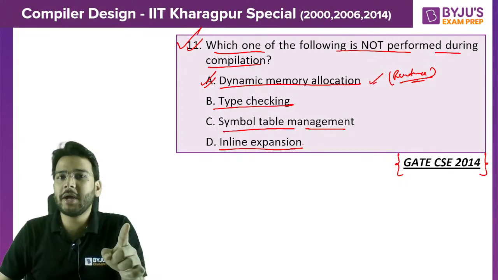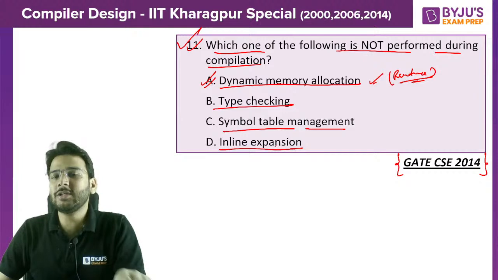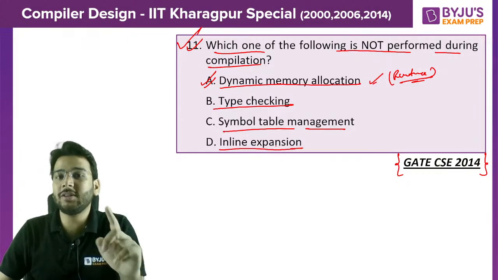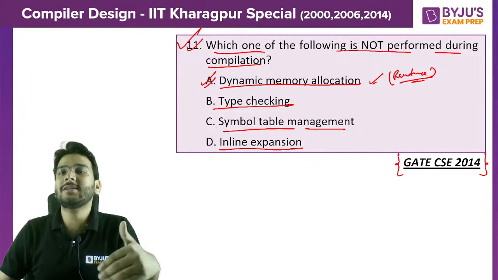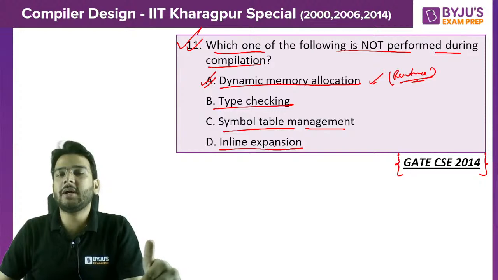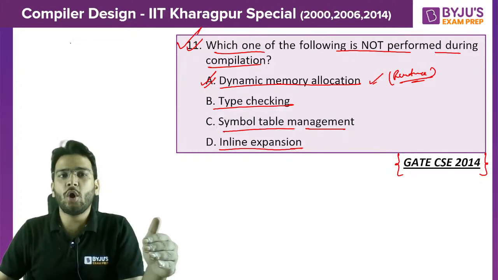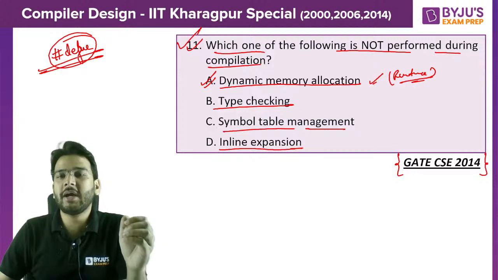What is macro expansion? If they ask you here macro expansion in place of inline expansion, then that is also going to be correct. Why is it so? Because that is outside the compilation process. Macro expansion will be done by your preprocessor. All hash defined statements are going to be replaced by the preprocessor.